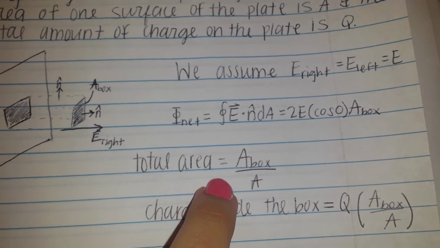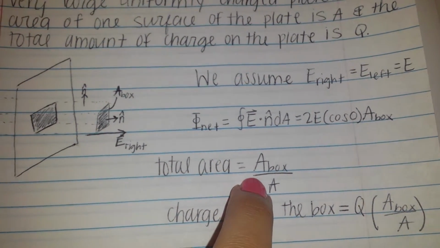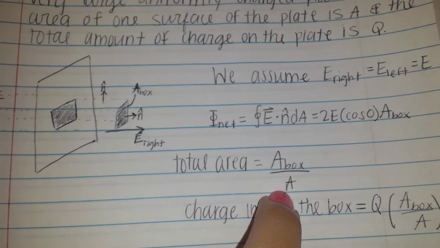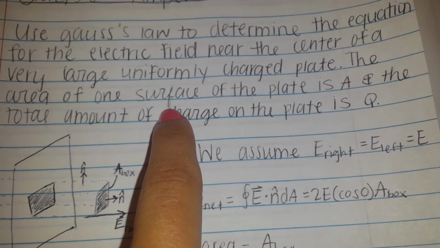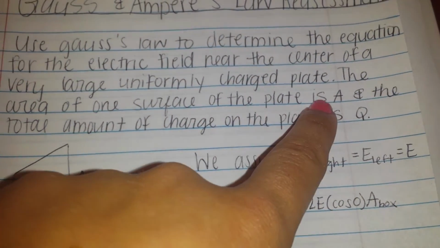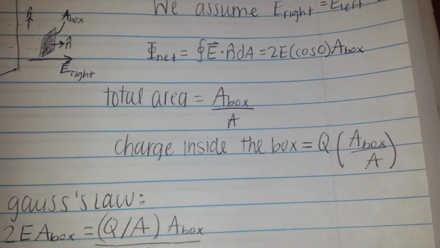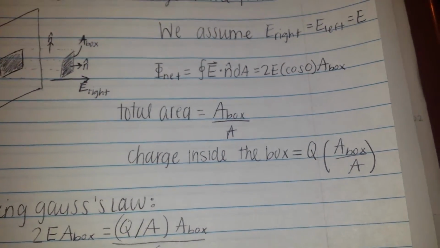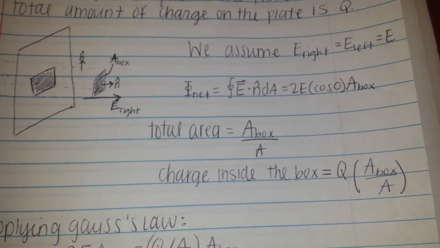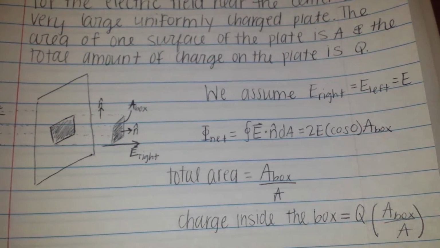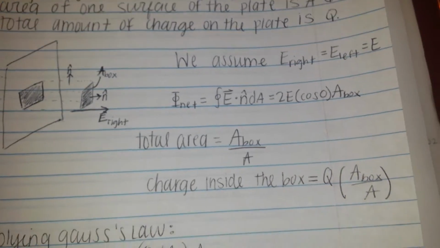So total area is going to be A of that box over A, which they told us that one surface of the plate is A. That's the area. So that's going to be the total area, and the charge inside the box is going to be just Q times that, because they also told us the total amount of charge on the plate is Q.